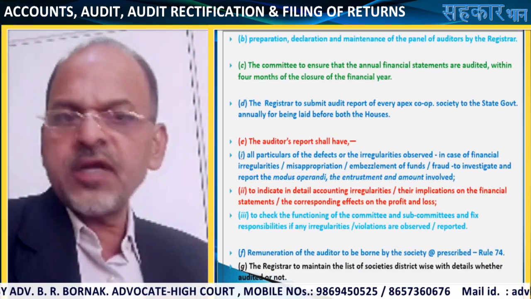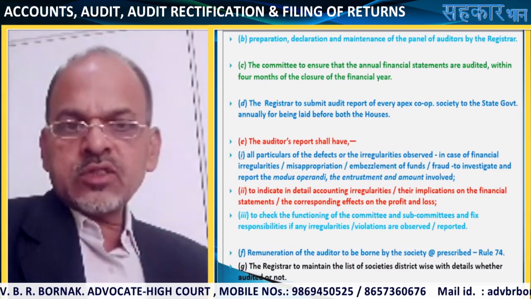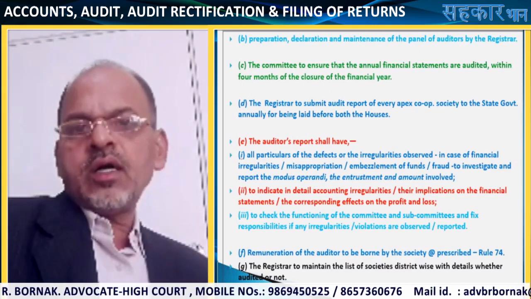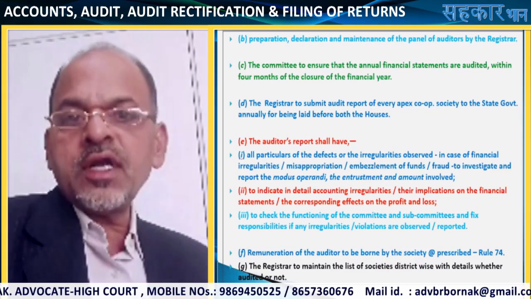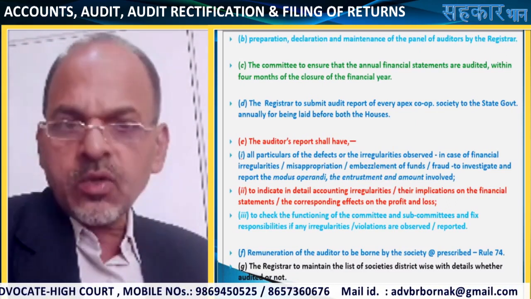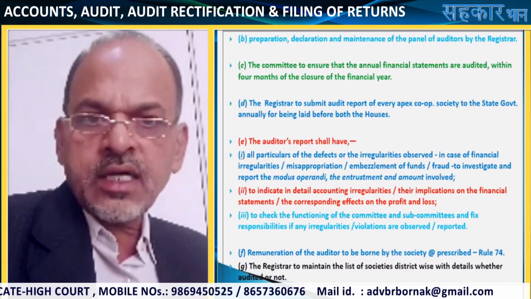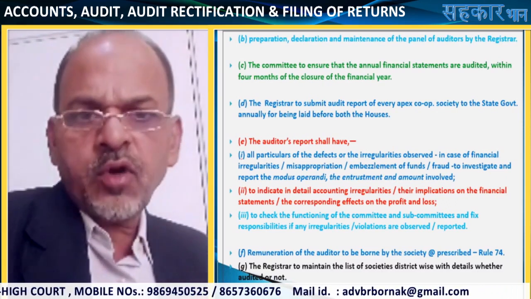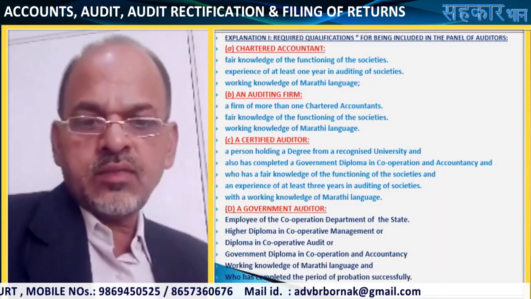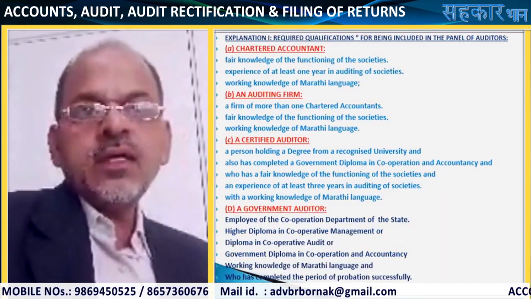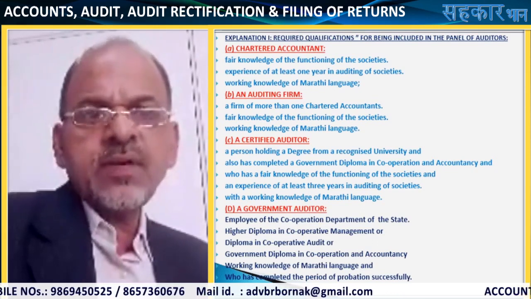If the audit is not carried out, then the registrar will have to appoint the auditor and other pertaining information regarding audit of the society. These things are to be there. Then there are certain explanations to this section 81. These are the broad provisions of section 81 regarding audit.